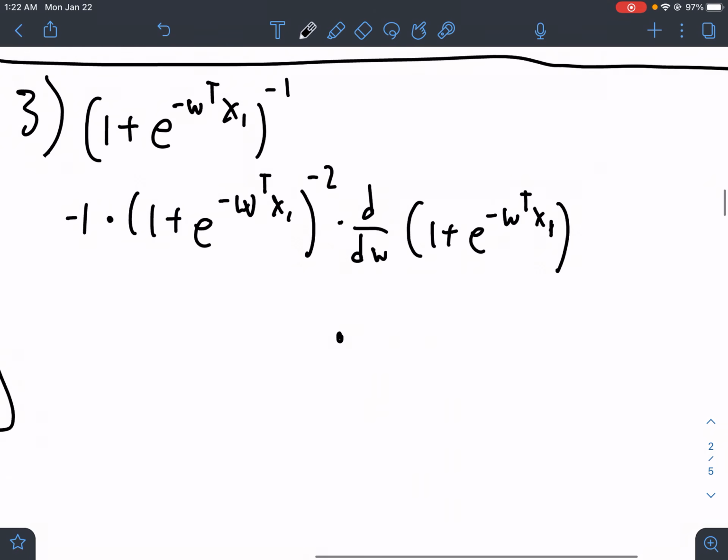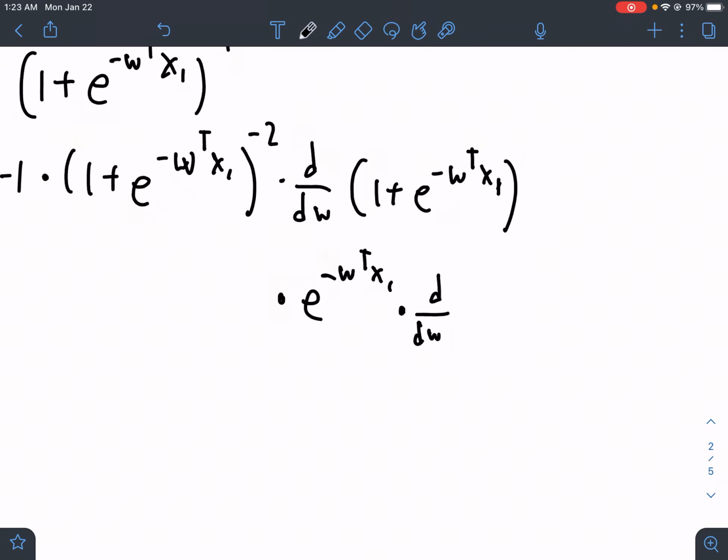And that is just times, I believe the derivative of this is e to the negative w transpose x1. But we have to multiply this, again, by the chain rule, because this part, the exponent, needs to be chained. So we do that as well.